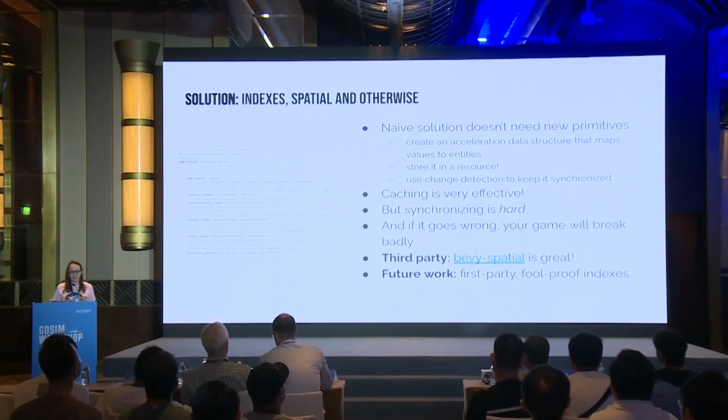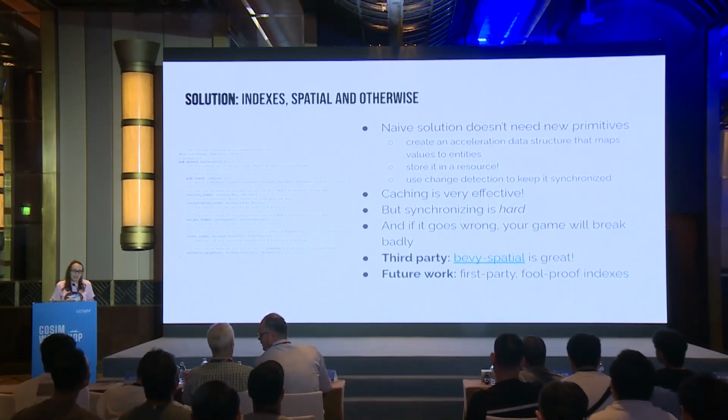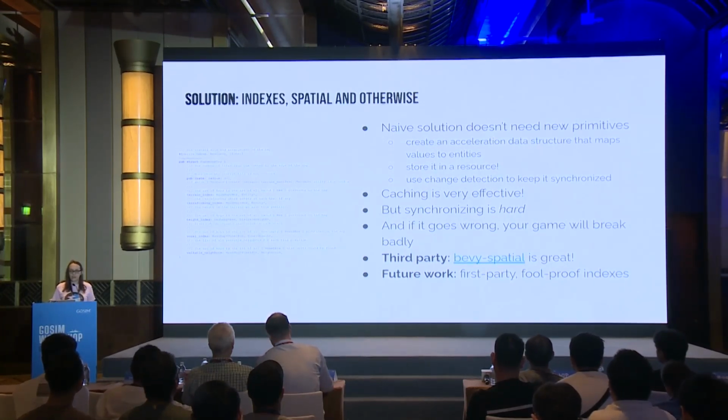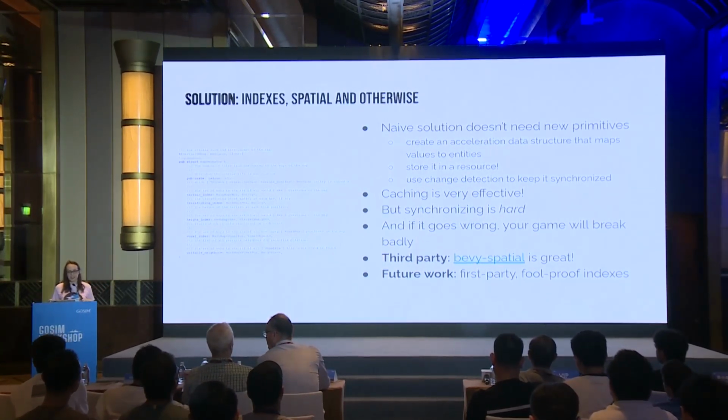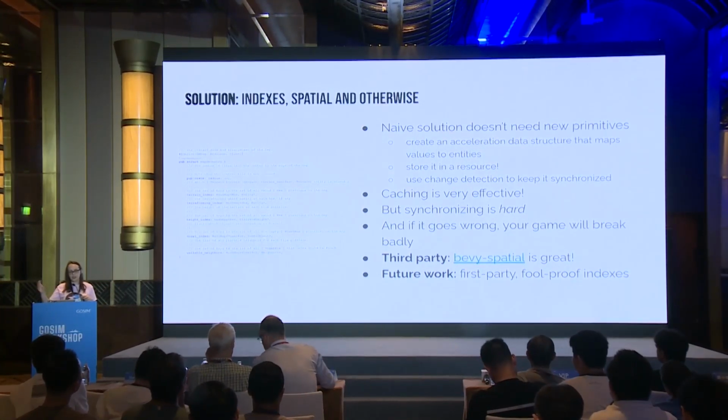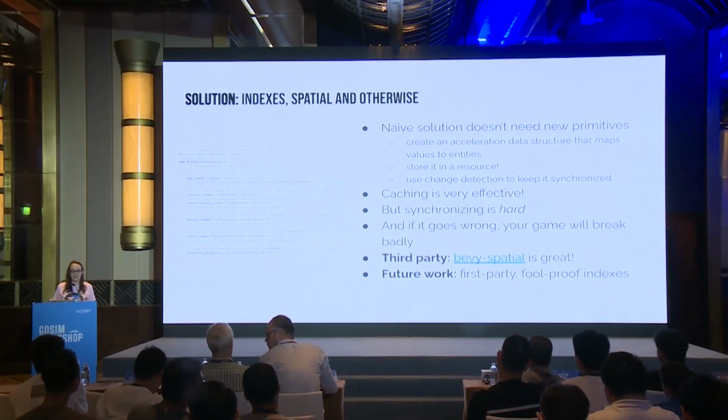But the problem with this is that synchronizing state and cache invalidation is actually really hard, and when it goes wrong, things go very wrong because you say, oh, I want the entity for this tile, and it's actually the entity for its neighbor. Or you say, oh, give me all of the polygons within this region of space, and that wasn't actually right, and then everything kind of explodes.